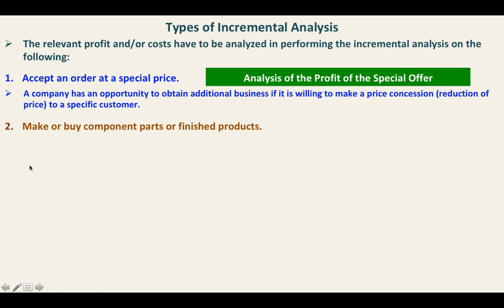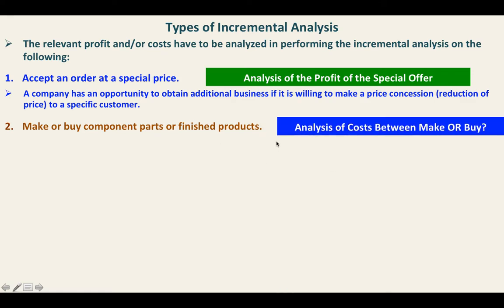Next, we will do an illustration of this type of incremental analysis, the make or buy. Okay, whether we are going to make a certain part of our finished product or we will just buy that part of our finished product.